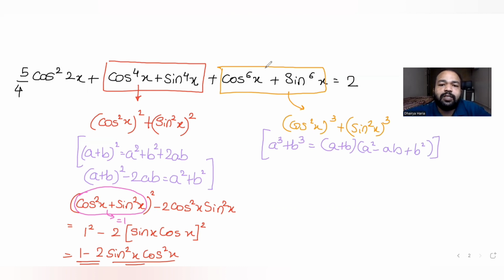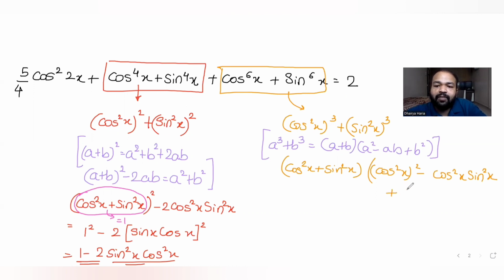So we get cos square x plus sin square x in the first bracket. In the second bracket, we have cos square x the whole square minus cos square x sin square x plus sin square x the whole square.